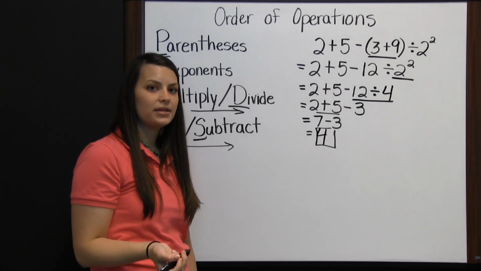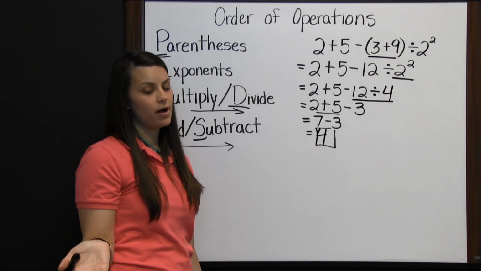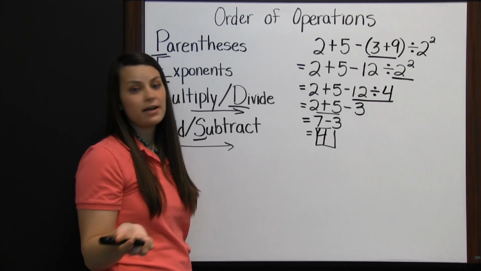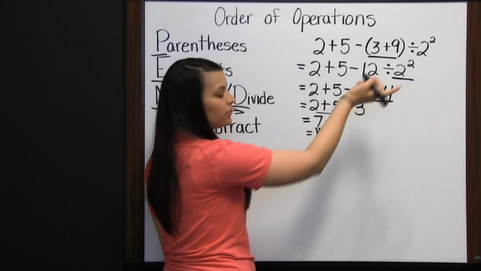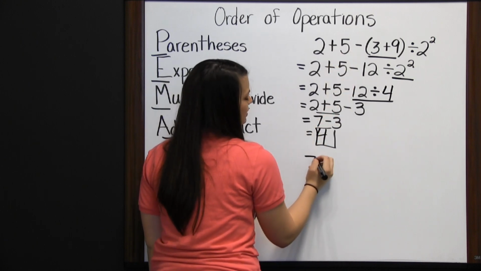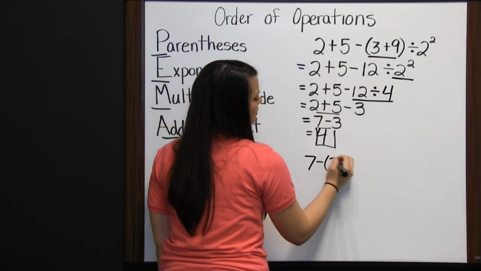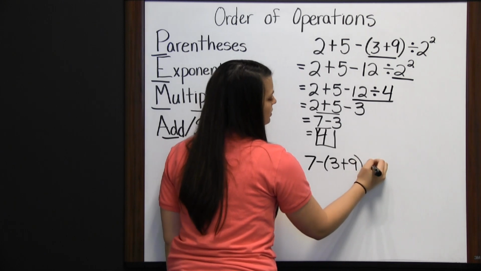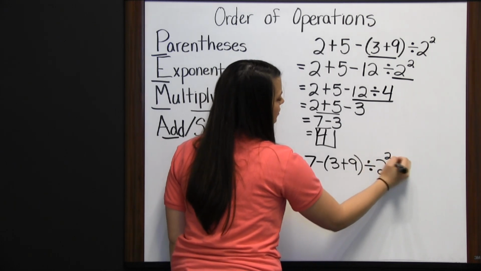Now let's see what happens if we ignore the order of operations and just work from left to right. If we were just working from left to right, we would start with 2 plus 5, which would give us 7, minus 3 plus 9 divided by 2 squared.